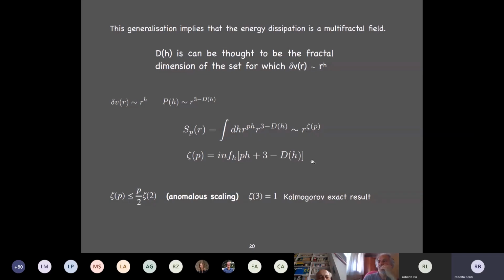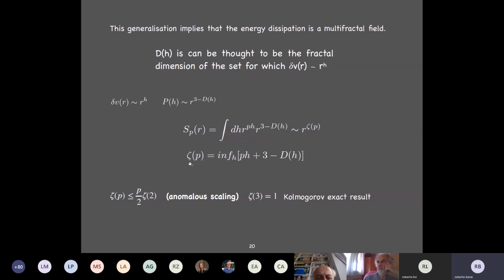And in fact, d of h has a well-defined property, it is a convex function, and zeta p is a convex function as well. The only thing that we have to preserve, according to the Kolmogorov spirit, is that the value of zeta 3, when p is equal to 3, must be equal to 1, so that the energy dissipation becomes independent of the Reynolds number.